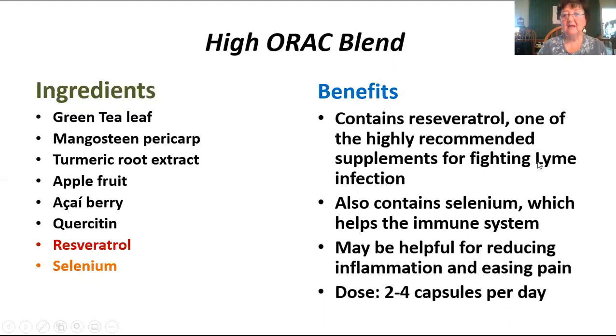And so it contains resveratrol, one of the highly recommended Lyme fighting infection supports, and it may be helpful for reducing inflammation. So you can take as many as 4 per day or start with 2.